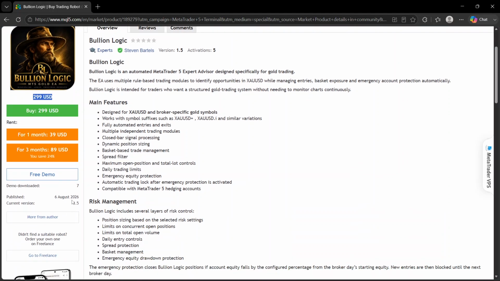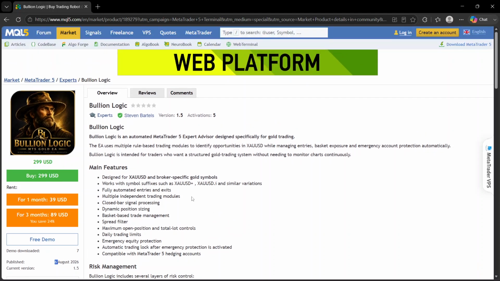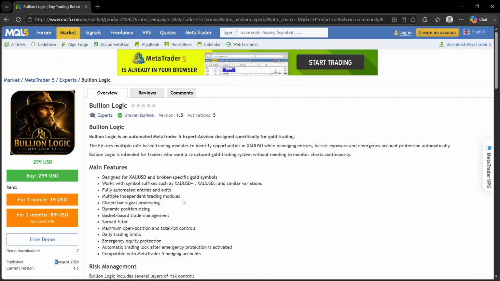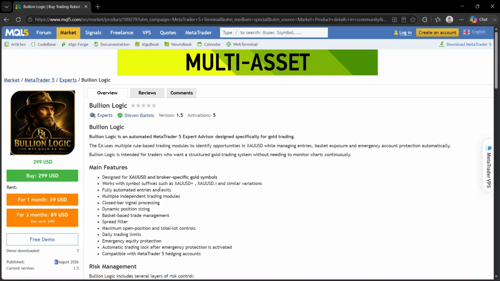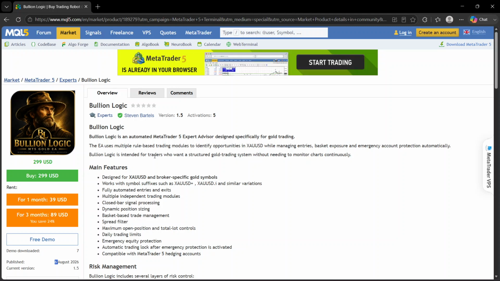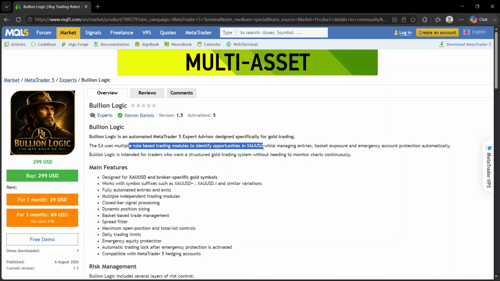Now, it was published recently, in August, that's this month at the time of recording, 2026, some days back. Now let's walk through what the developer actually says on the MQL5 page. Looking at the product page, the developer describes it as an automated system that uses multiple rule-based trading modules to find opportunities on gold.